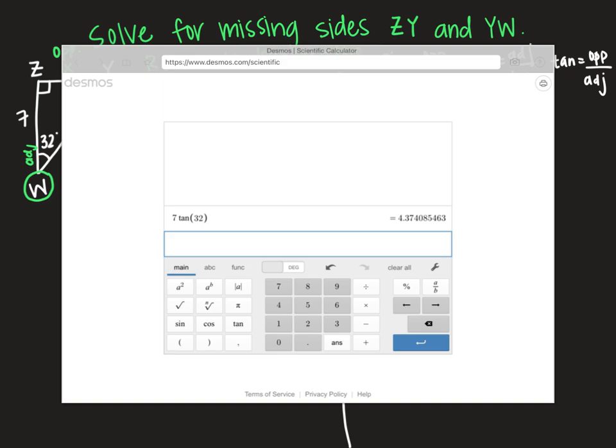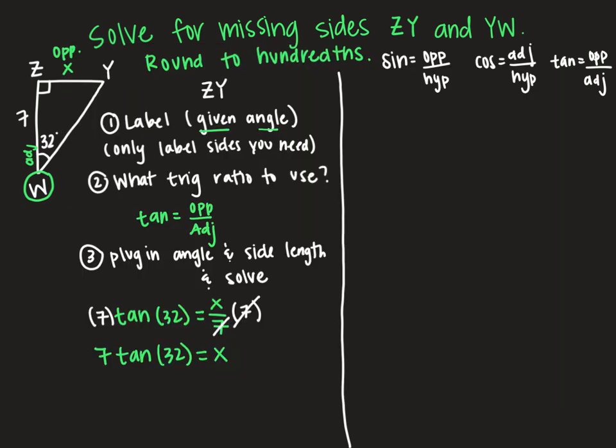So let's do that. We're going to get rid of this calculator. Okay, so we know our answer, that x equals 4.374. Now we need to round to the hundredths place. To round to the hundredths place, we look at the third number from the decimal.